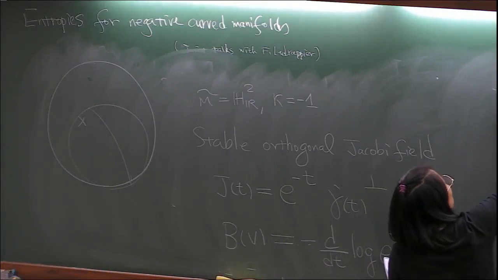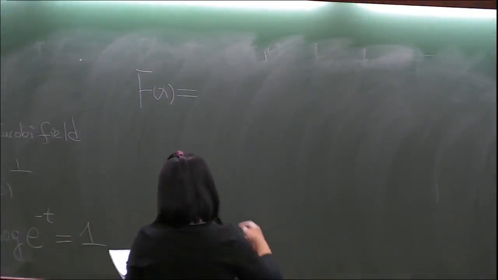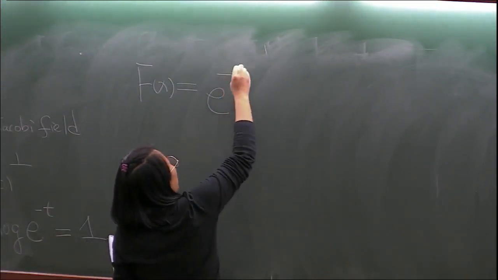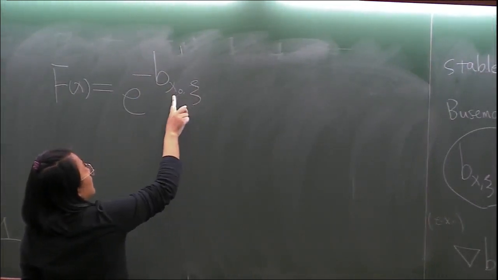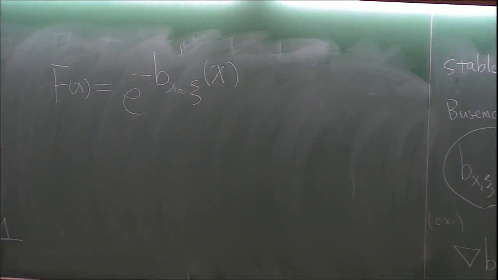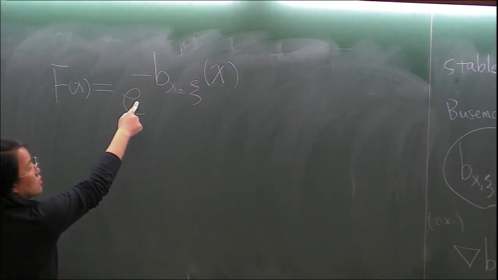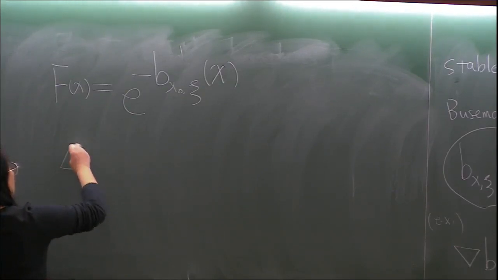And you have your F. In this case, if you define F_x as e to the power minus the Busemann function, you have a reference point, x0, and you consider the Busemann function at x, and you consider this function. Actually, we'll find out this F is harmonic.